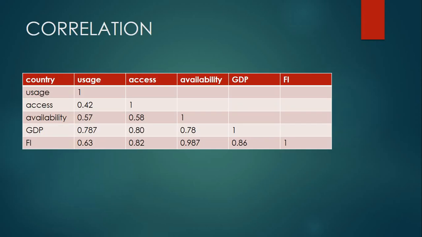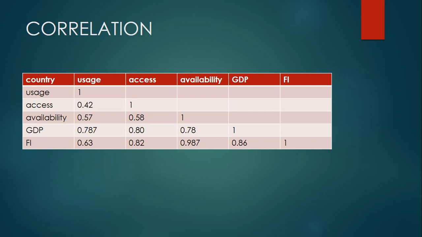Here I have taken data from my research paper. This is data related to a country. I did not mention the name of the country here intentionally. The variables are usage, access, availability, GDP, and financial inclusion. This is my paper related to the impact of different variables on financial inclusion.